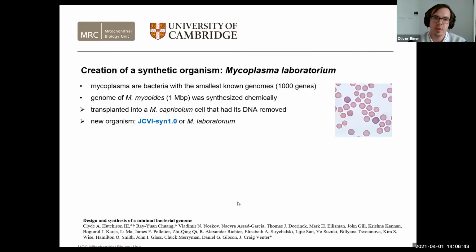The next step was then to transplant this genome into another Mycoplasma strain, Mycoplasma capricolum, which had its DNA removed. So with that, they created a new organism that they called Mycoplasma laboratorium, or JCVI Syn 1.0.